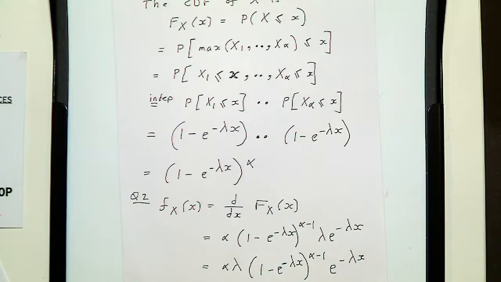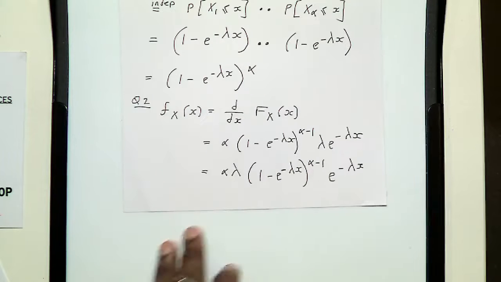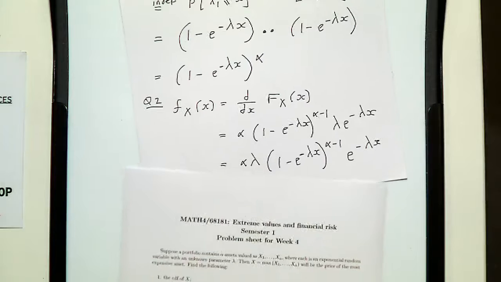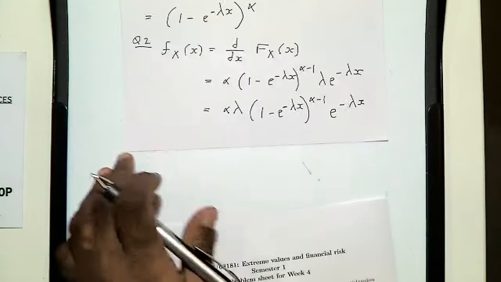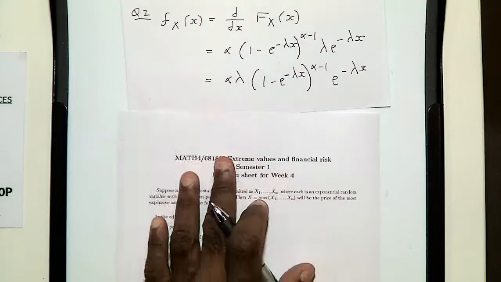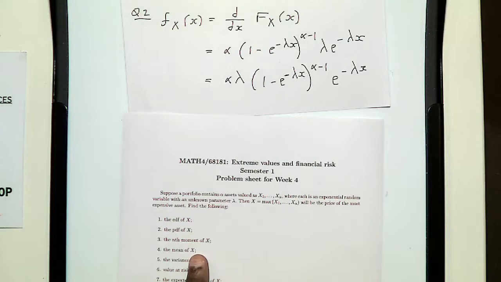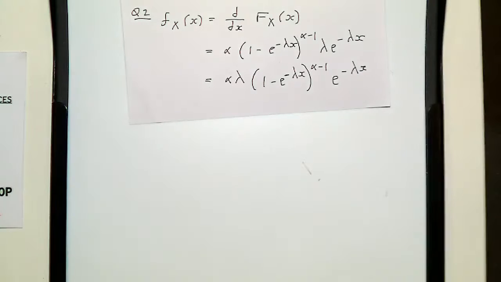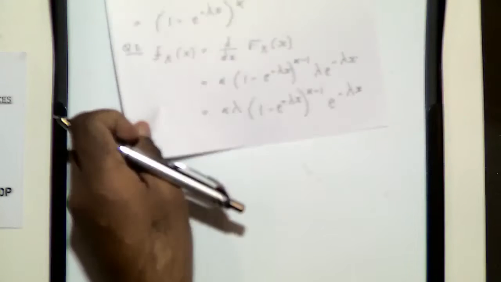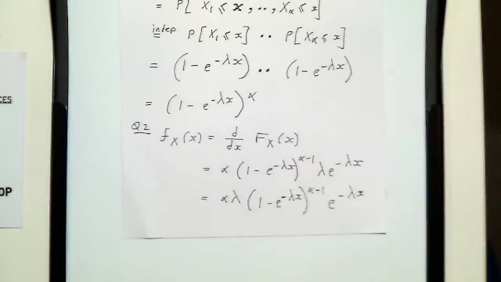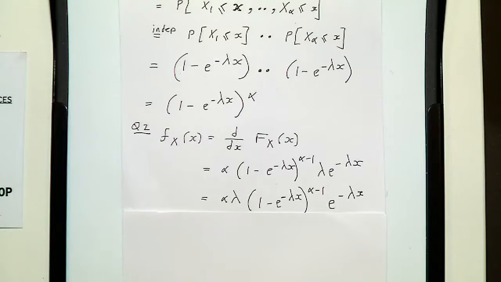Right. Now, the next part is to find the nth moment of x. When I say the nth moment of x, I mean the following. So this is part 3.